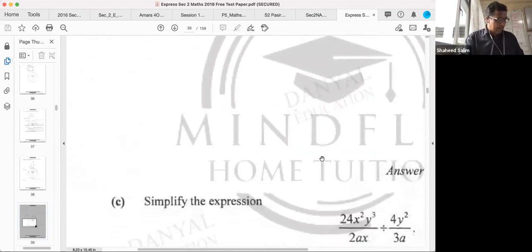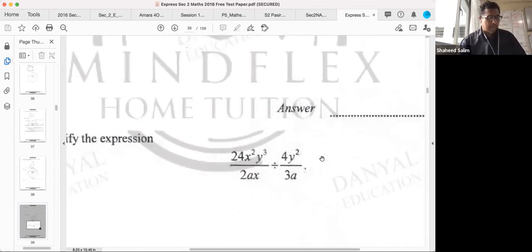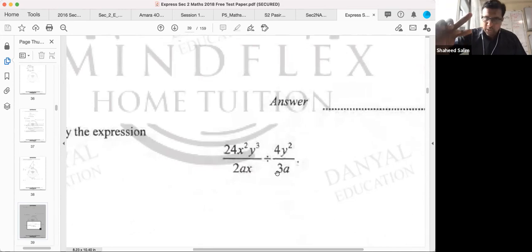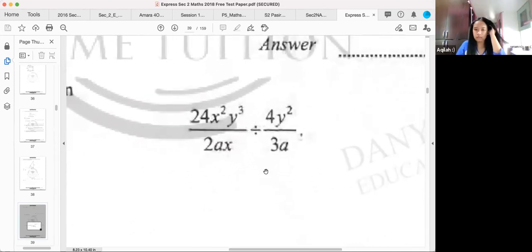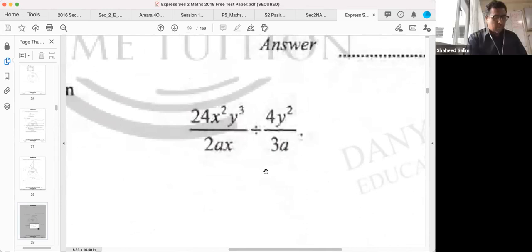Okay. 6a over x is no. Do you switch it upside down? Divide, change to times? Yeah, you did. Okay, you show me your working.